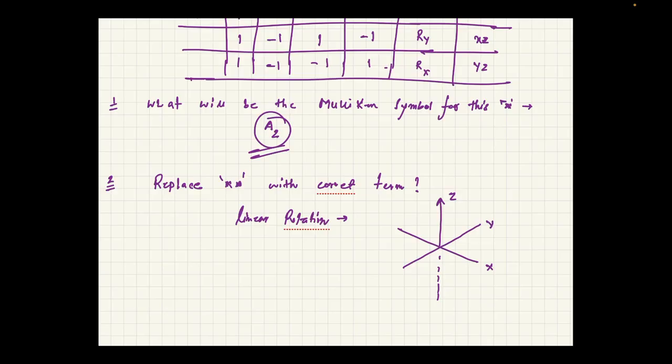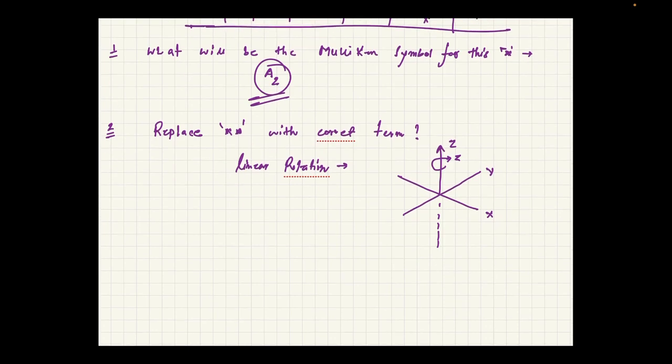So here if you consider Rz, that means rotation along the z axis. Let's say you are rotating clockwise along the z axis. Now visualize this.